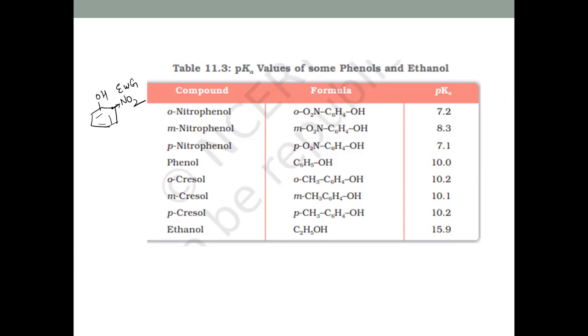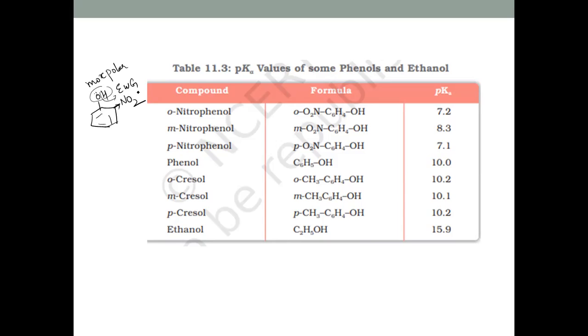Why? Because it will increase the polar nature of the OH bond. This OH bond becomes more polar. We know that if it is more polar, it is more acidic. So it will withdraw the electron density from the ring. As a result, the electron density on the oxygen is also reduced. So it in turn draws density from this H, and this H plus can be lost easily.